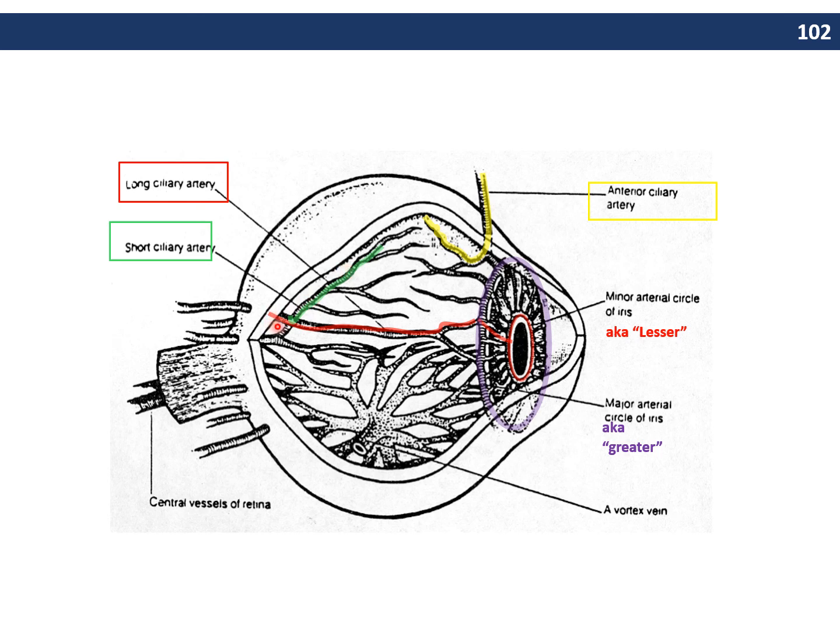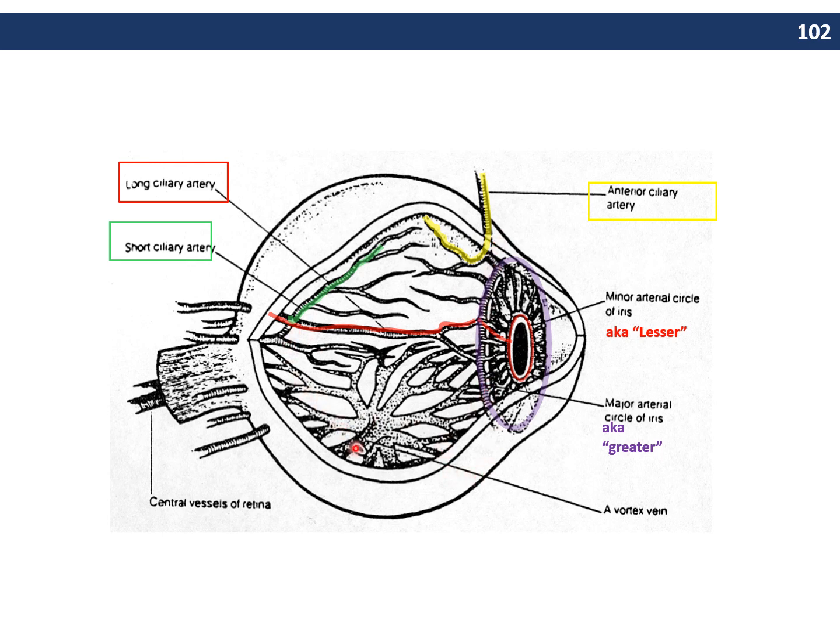The long ciliary artery anastomoses with the anterior ciliary artery through either this major arterial circle or the minor arterial circle, providing extensive blood supply to the anterior eye.